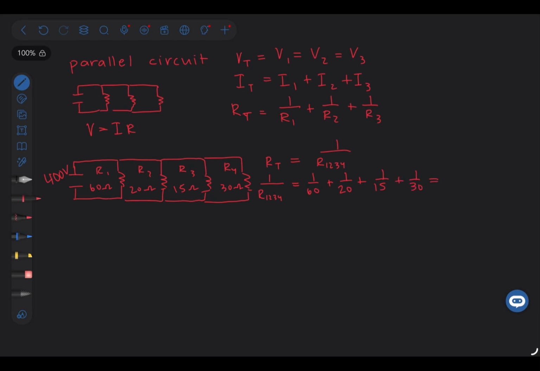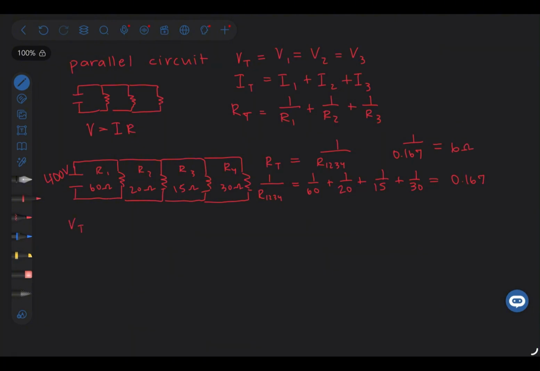You should get about 0.167. And so you want to put that over 1. So it's going to be 1 over 0.167. And you should get about 6. So now we know the total resistance for the circuit.